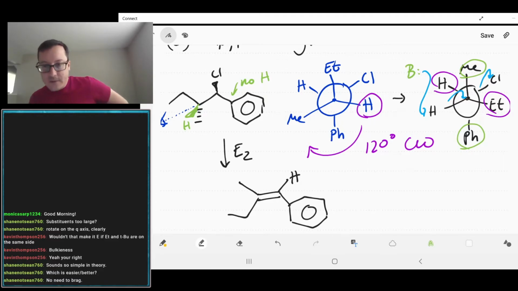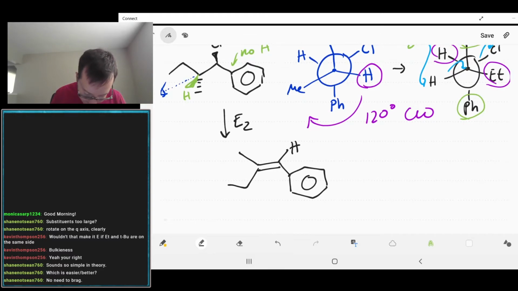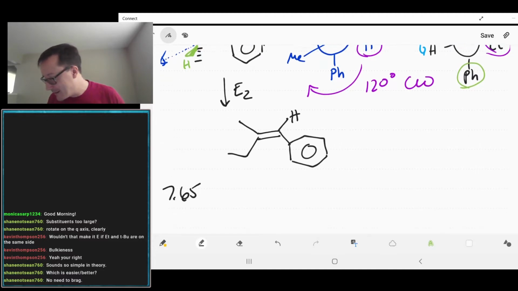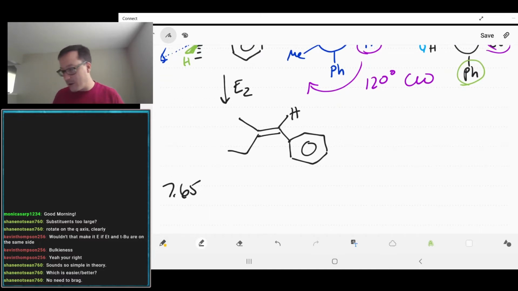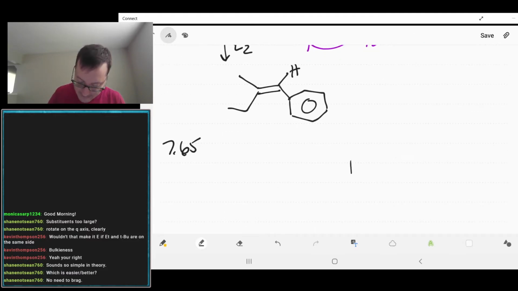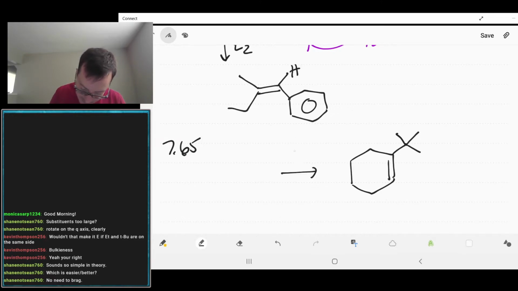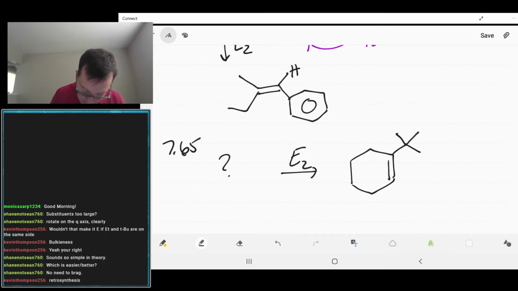I like this. Question 65 at the end of the chapter. By, 7.65, okay. I thought I had read the number wrong. So we're going to be given a product, and we're told it has undergone an E2 reaction.